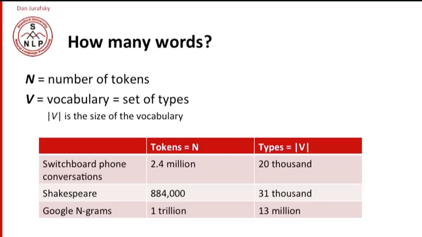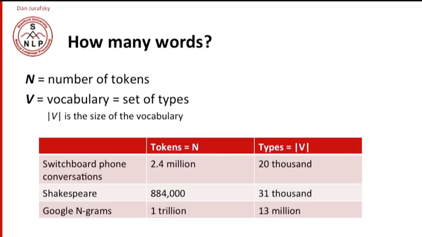Shakespeare has just under 1 million word tokens. Shakespeare's quite a small corpus. He wrote 800,000 words in his lifetime. And in that less than 1 million words, he actually used 31,000 distinct words. So he had a very, very broad vocabulary, famously. And if you look at a very huge corpus, the Google Ngrams corpus that has 1 trillion different tokens, a very large number of words, there's 13 million types.